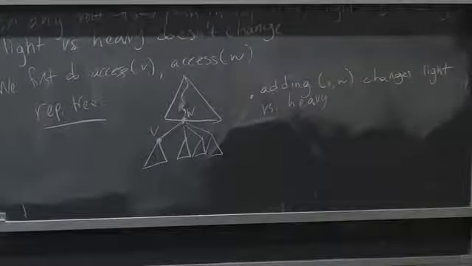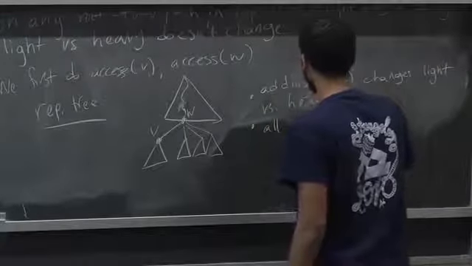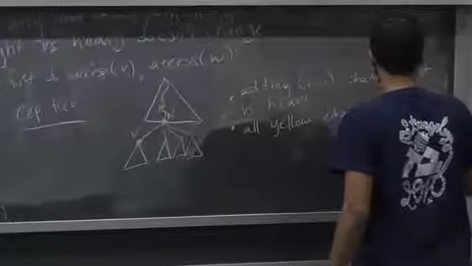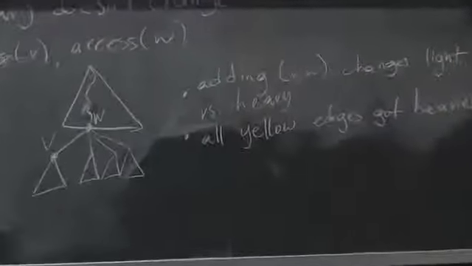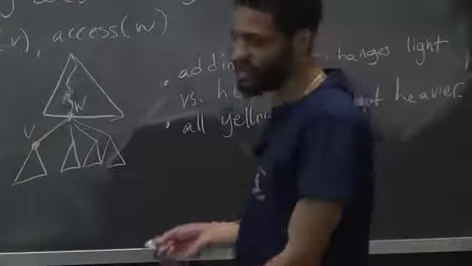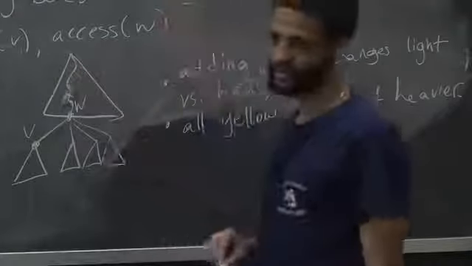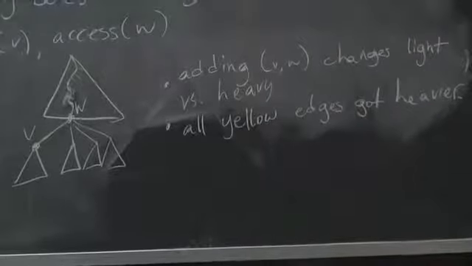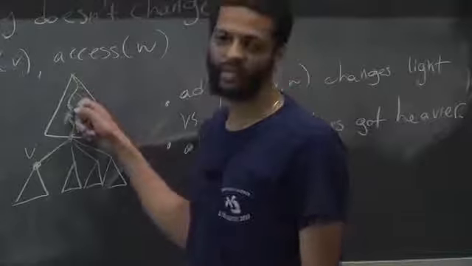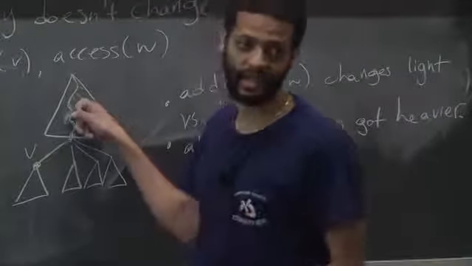In particular, all the yellow edges here got heavier, right? And all of the old preferred children that used to hang off here got lighter. Okay. So maybe because they got lighter, you might say, does that count as a light edge creation?